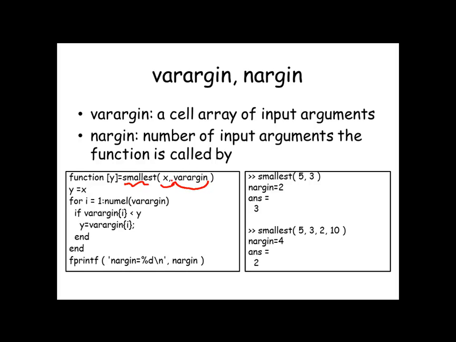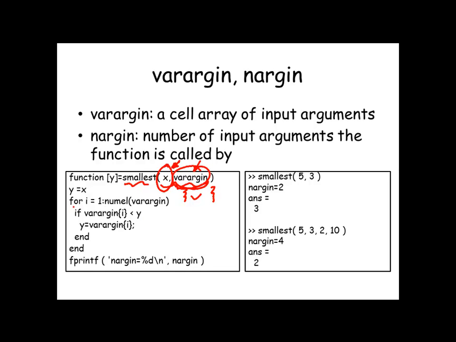Varargin is a cell array. If, when this function is called, only a single input is provided, it will be copied into x and varargin would remain empty. If this function is called with two input arguments, the first one will be copied into x and the second one will be copied into varargin's first cell.